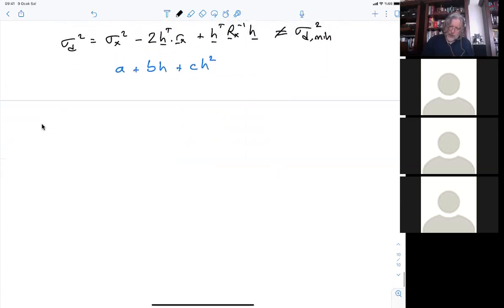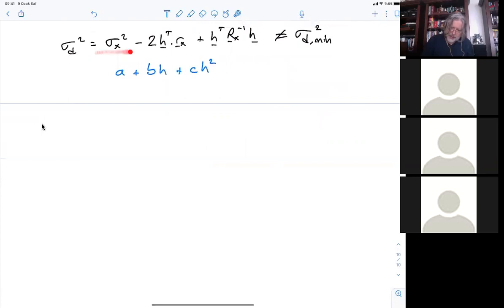And because of that, when you draw this expression in 2 dimensions, if you try to plot it with some reasonable Rx and this Rx inverse, of course, you have to substitute some actual things.